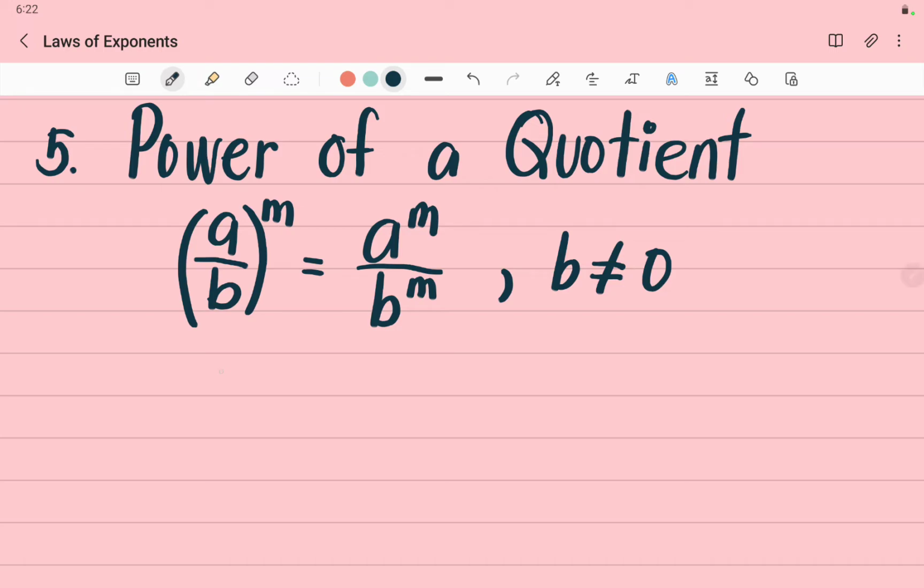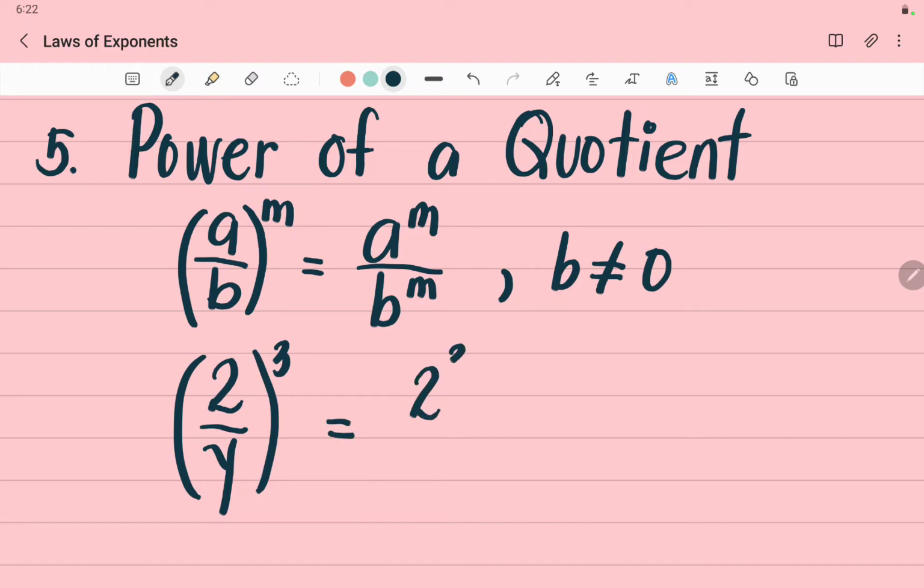Now, let's try an example. 2 divided by y, raised to 3. We have now 2 cubed divided by y cubed, or over y cubed. Our final answer is 2 times 2 times 2, we have 8 over y cubed.